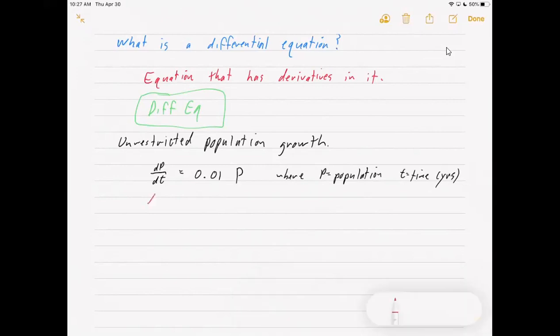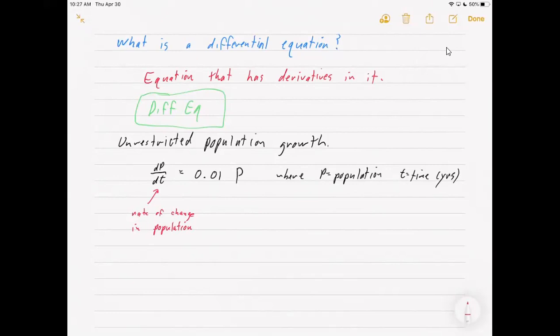Well, what this is saying is the rate of change of the population depends on what the population is. If p were 0, you would get a rate of change of 0. If there are no people, there will be no population growth.